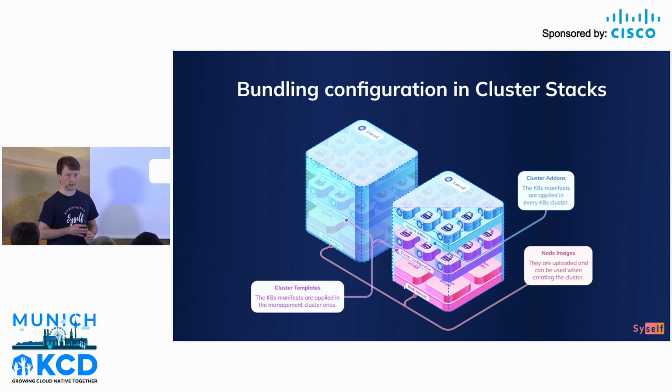So the node images are supposed to be provided to you as a user. The second one is the Kubernetes configuration. This is what has to go into the management cluster of Kubernetes. This is also what our Kubernetes operator does. The third layer are the cluster add-ons. They have to go into every workload cluster. So if you have one management cluster and n workload clusters, you need these cluster add-ons in all of them. So this is also covered by our software.